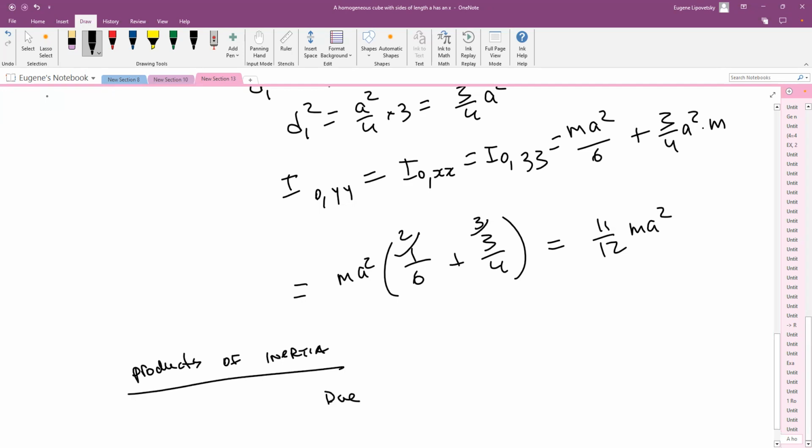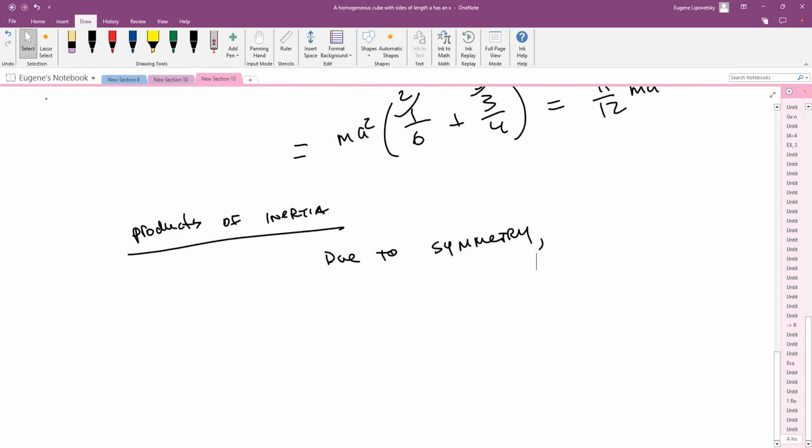Due to symmetry, the products of inertia about G are all 0: Ig xy equals Ig xz equals Ig yz equals 0. All right.